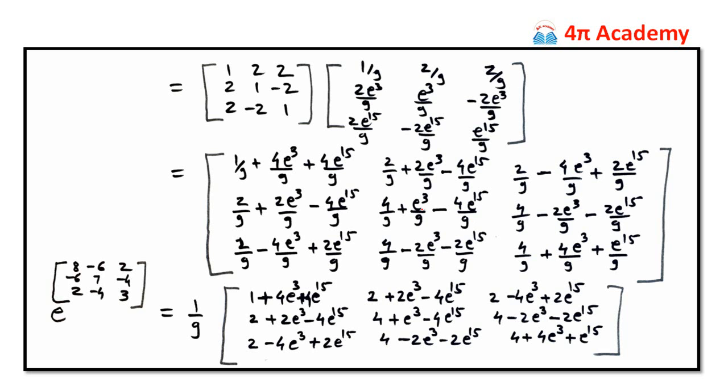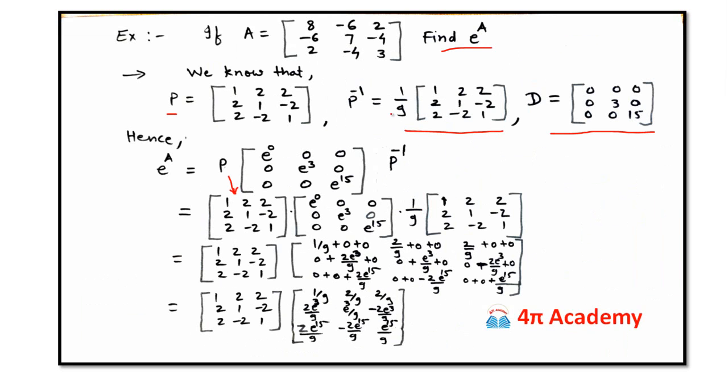This is a problem which we have taken as an example of a 3x3 matrix, because we have already calculated the modal matrix, inverse matrix and the diagonal matrix for this matrix.